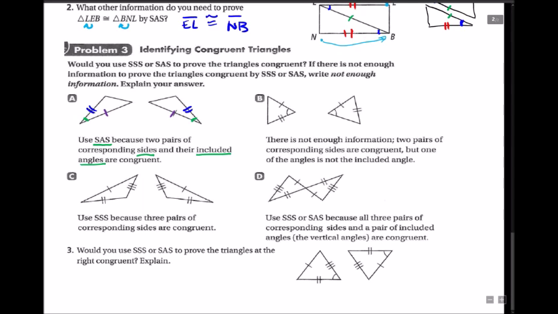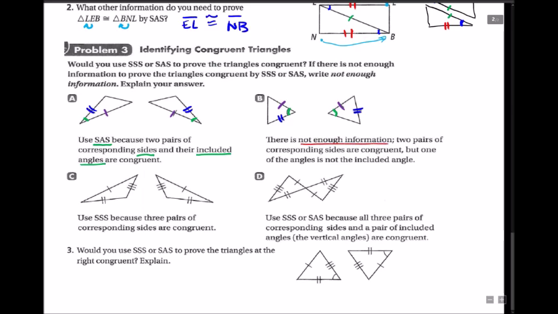All right, let's look at the next one. What do we have? We have a side and a side and a side and a side. Oh, it's looking good here. And an angle and an angle. I have two sides and an angle. Are these triangles congruent? Well, we don't know.